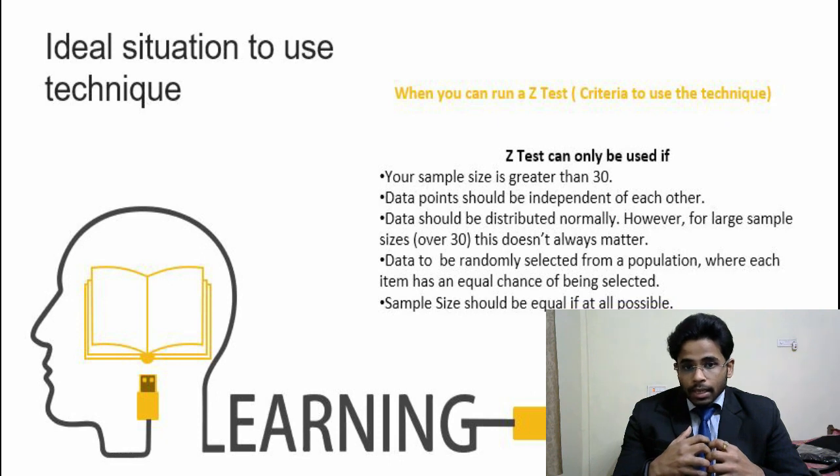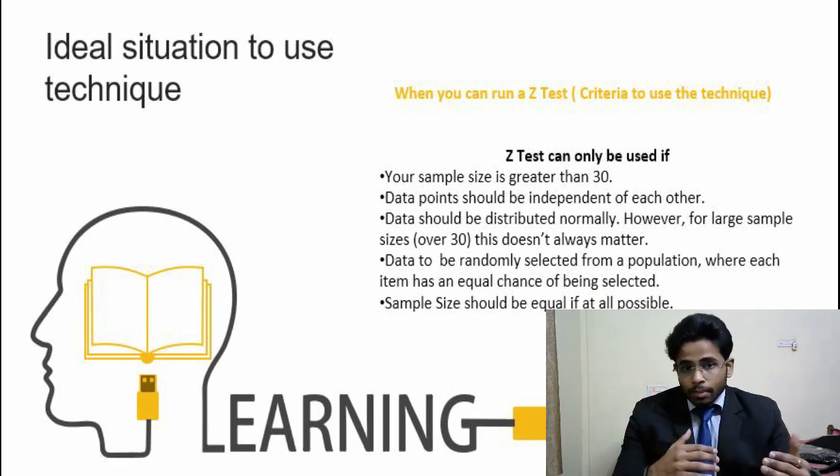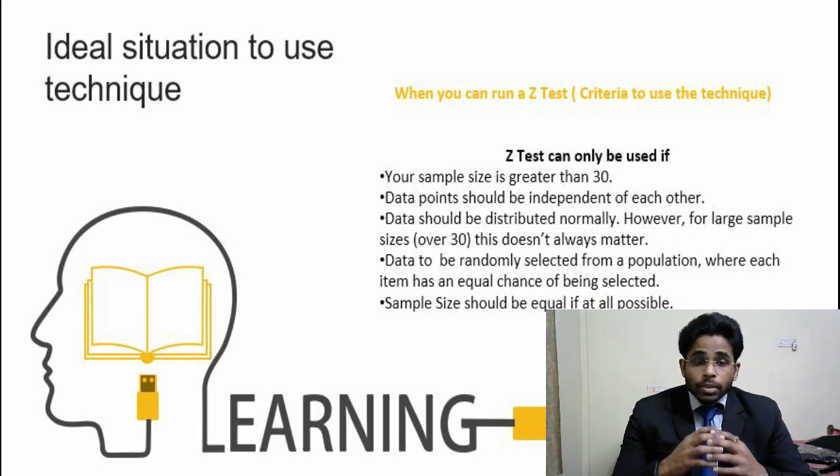Now, coming to the second slide, we have tried to list down the ideal situations where we use the Z-test. The first thing to remember is that the sample size, n, should be greater than 30. Secondly, it should be independent, as mentioned in the previous slide.